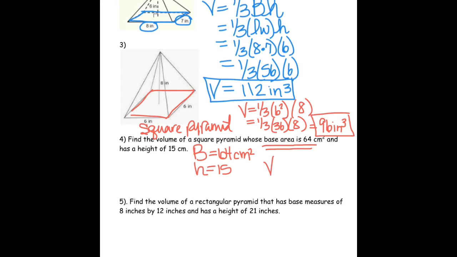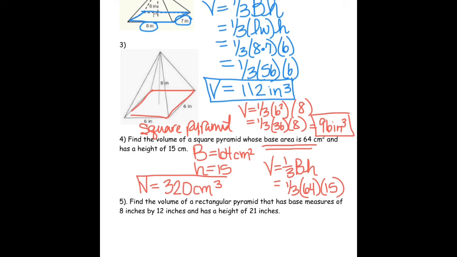So we're going to use the formula V equals 1/3 times capital B times H. And we're just going to plug in the given information. 1/3, I know that capital B is 64, and my height is 15. So 1/3 of 15 is 5. 5 times 64 is 320. So the volume is 320 centimeters cubed.